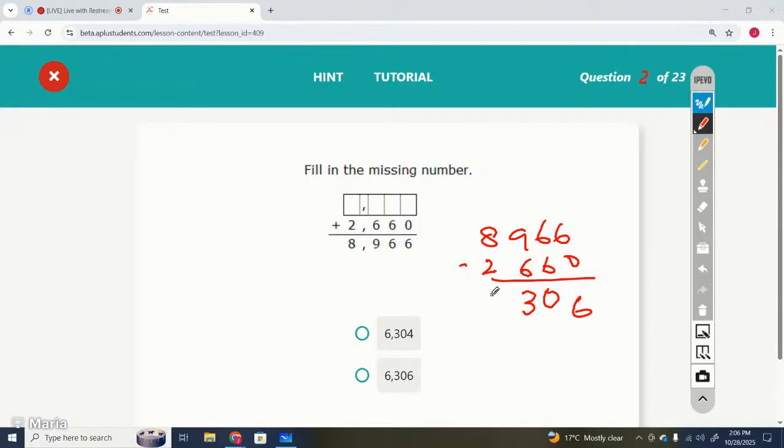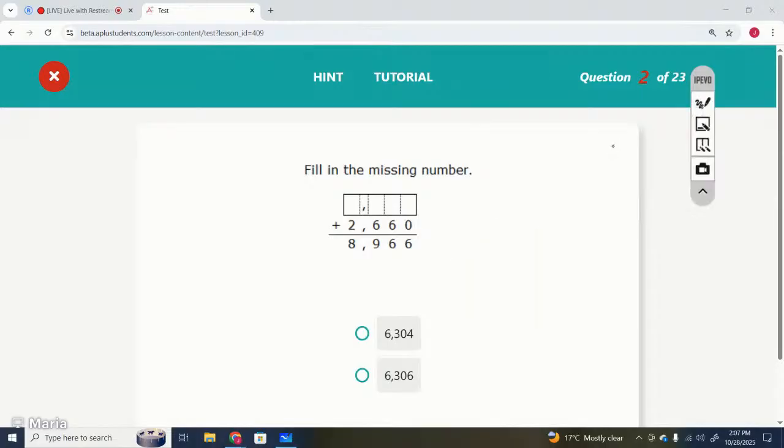So that is 6,306. Option number 2 is the correct option.